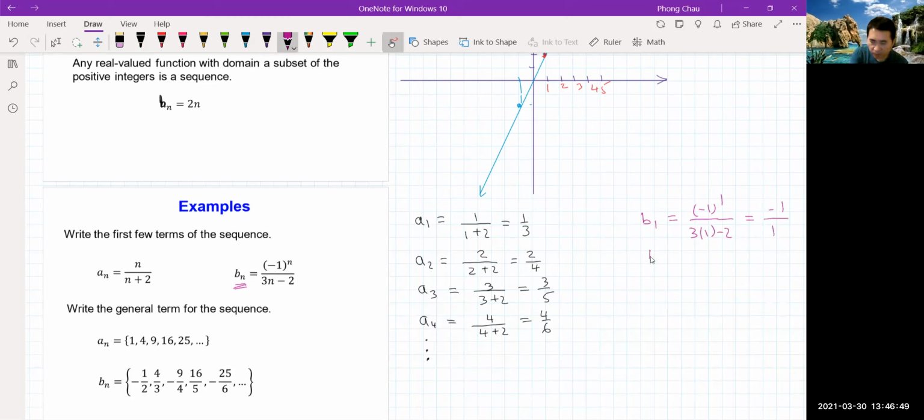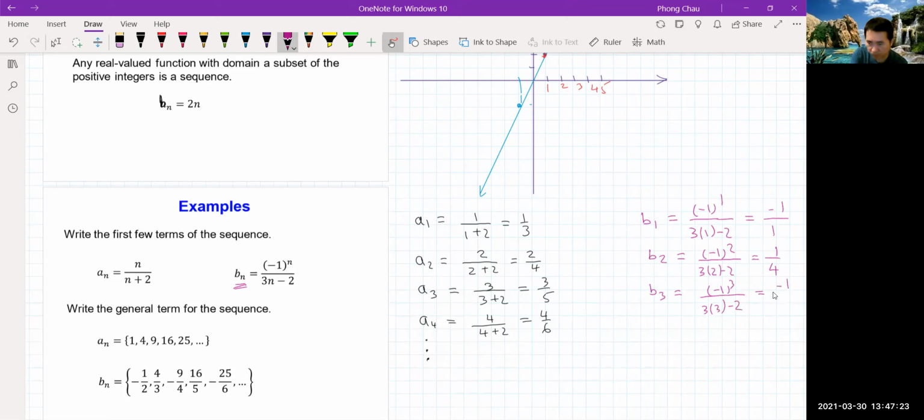And then the second term, b2, is negative 1 squared over 3 times 2 minus 2. Negative 1 squared is 1, and 6 minus 2 is 4. That's 1/4. And then the third term is negative 1 to the third power over 3 times 3 minus 2.